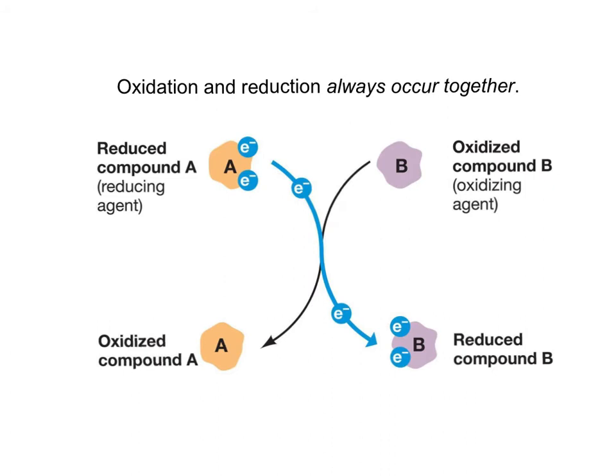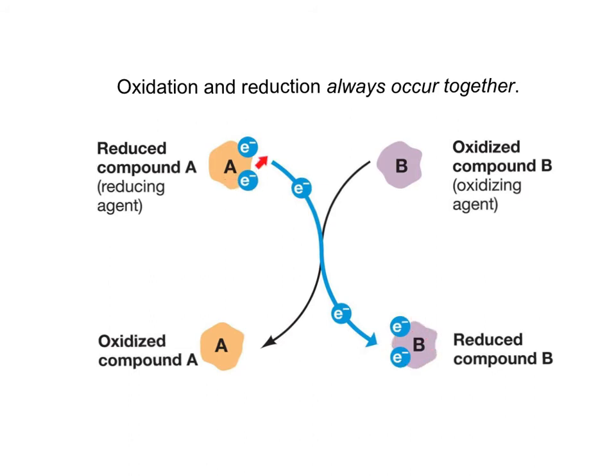Oxidation and reduction always occur together. You can't have something gain electrons unless something else has lost those electrons. Let's follow the pathway of these electrons. You can see here that compound A has these two blue electrons, and compound A is going to donate them in a reaction to compound B. Compound B didn't have the electrons to begin with, and at the end of the reaction, it does.